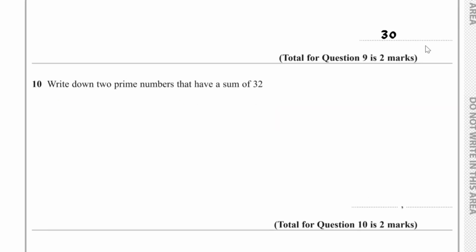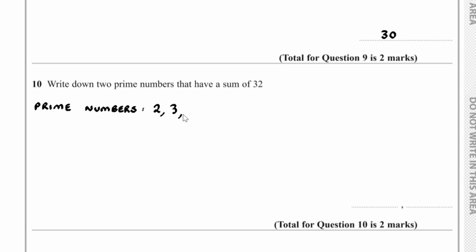Question number 10. We have to write down two prime numbers that have a sum of 32. Well, what is the definition of a prime number? A prime number is a number which has 1 and itself only as factors. So let's write down some prime numbers. 2, that's a prime number, it's the only even prime number.